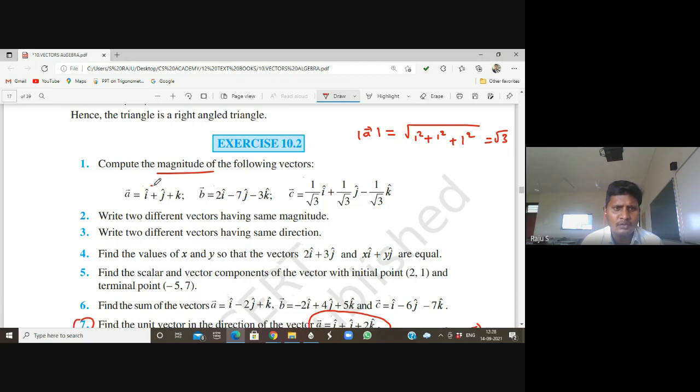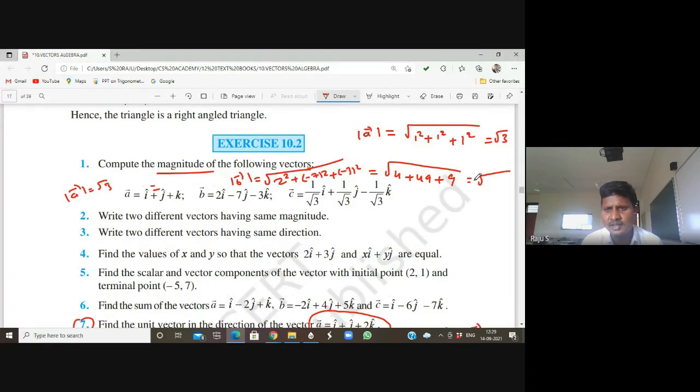So the magnitude of A is root 3. The second one, magnitude of vector B, is the square root of 2 square plus minus 7 the whole square plus minus 3 the whole square. Negative becomes positive: 4 plus 49 plus 9. This is equal to what, students? Square root of 4 plus 49 is 53, plus 9 is 62.